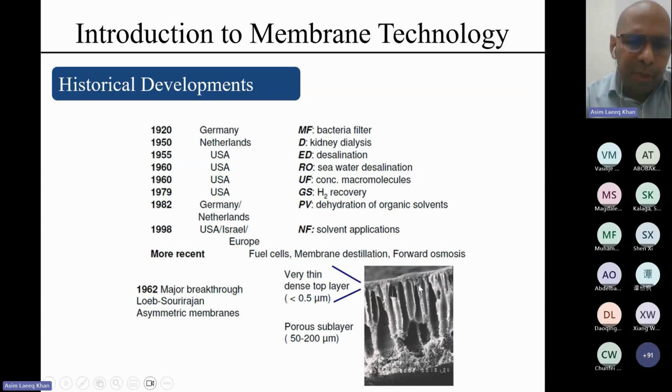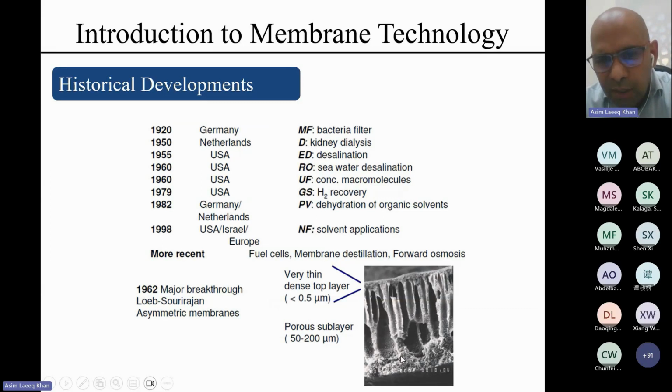So the membranes before those developed by Loeb and Sourirajan were thick, and as a result the permeation or flux from the membrane was really small. What Loeb and Sourirajan did was make a membrane with a porous sublayer, as you can see here, which is about 50 to 200 micrometer.